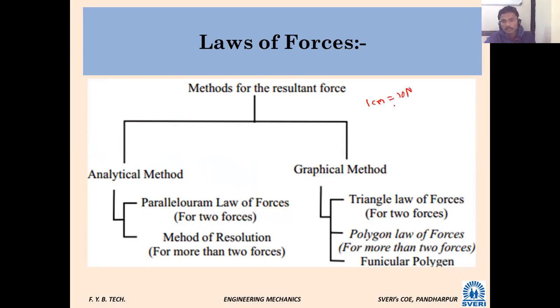Then if a line is 5 centimeter, how much force will it indicate? 50 Newton. Accordingly, we perform the graphical method, and finally it is possible for us to get the resultant.